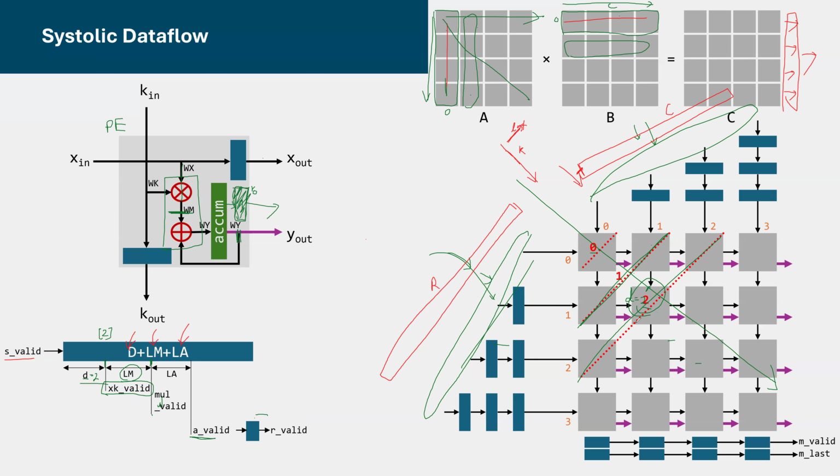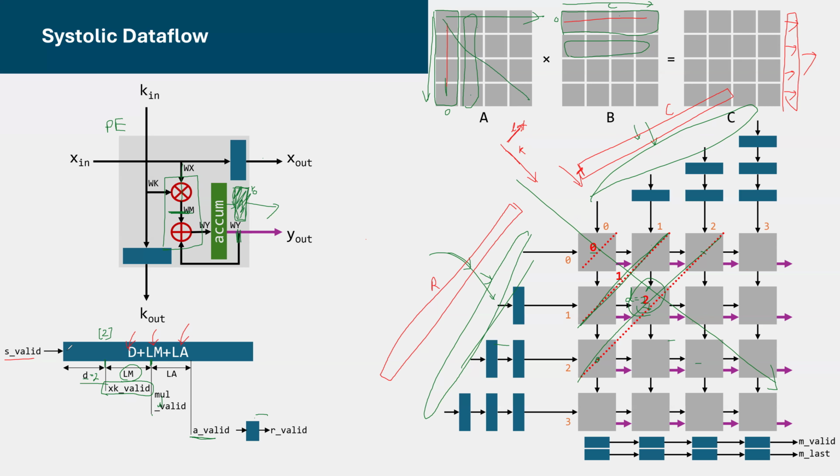At the second wavefront, all of these are in the same state. If their multipliers are valid, then all multipliers become valid at the same clock cycle. Accumulators become valid at the same clock cycle. Registers become valid at the same clock cycle, etc. Because of that, it is much easier to just look at the valid along this diagonal without looking at each cell individually.